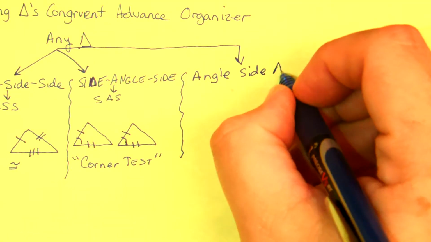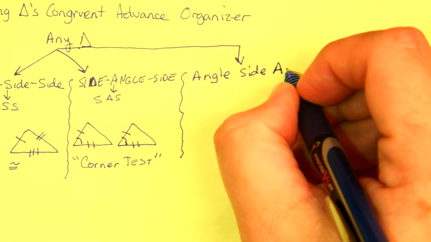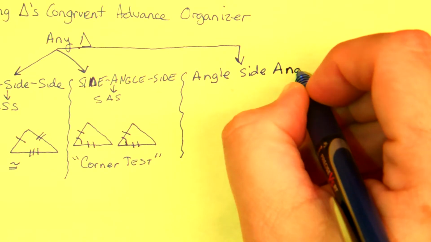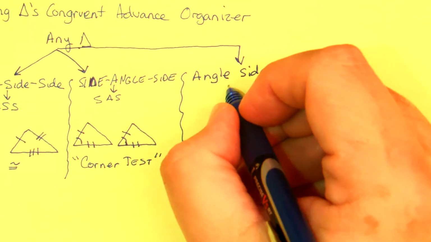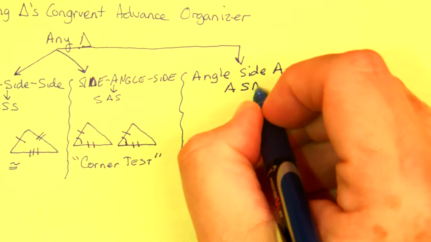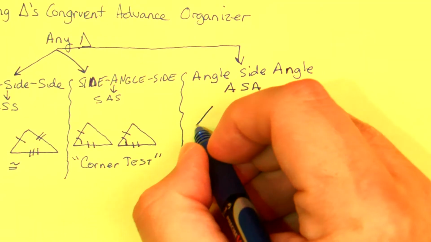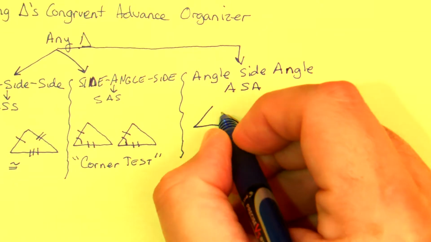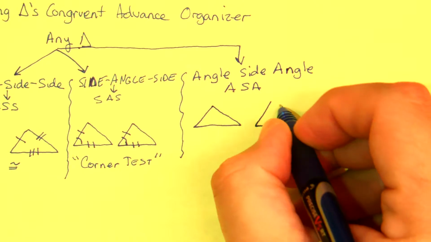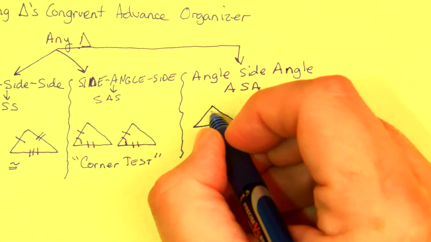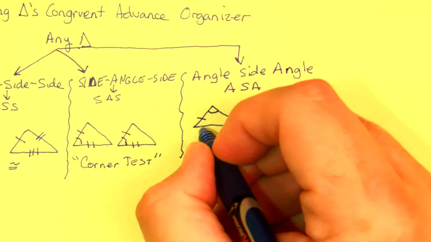Side angle side, or excuse me, angle side angle. See? Can't even say this stuff right even though I'm writing it. This is ASA. So that would be an angle, a side, and an angle.